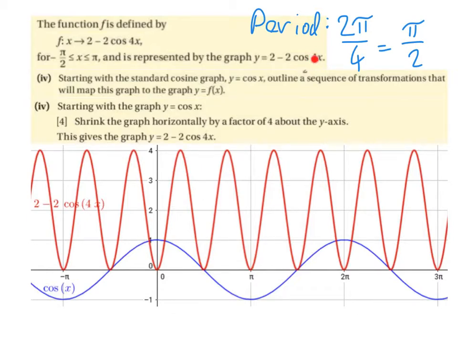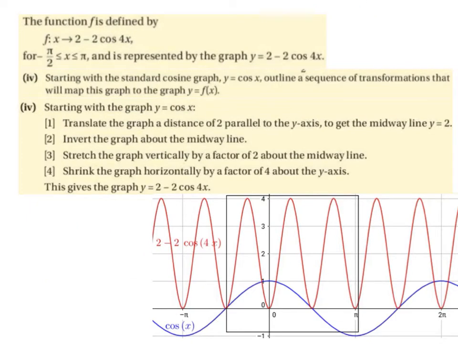If the number stuck onto the x had been 6, for example, we would say it has shrunk horizontally by a factor of 6. If it was 8, we would say it was shrunk horizontally by a factor of 8, and so on. But remember, to work out the period, it's 2 pi divided by that number. So this gives the graph of y equals 2 minus 2 cos of 4x.